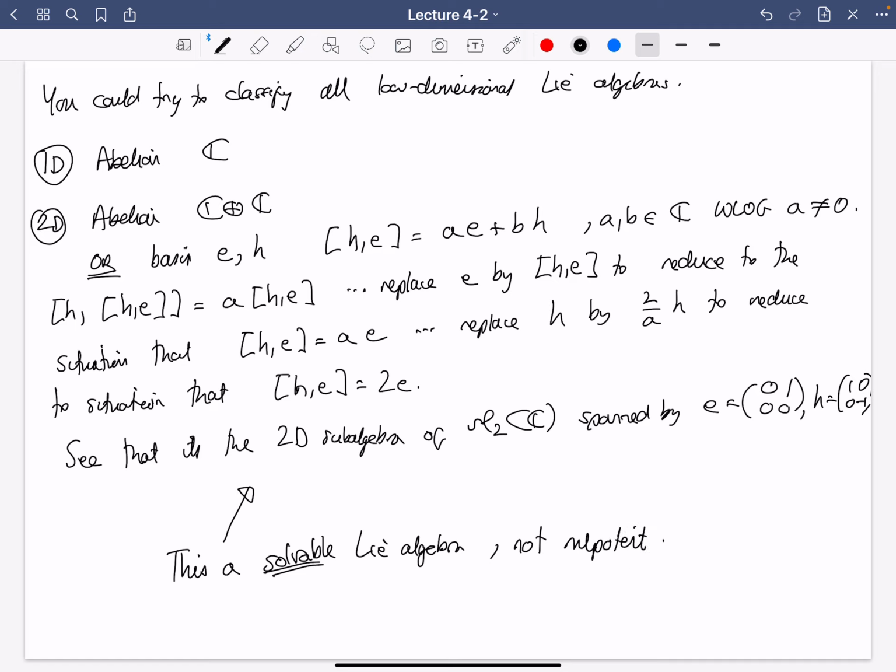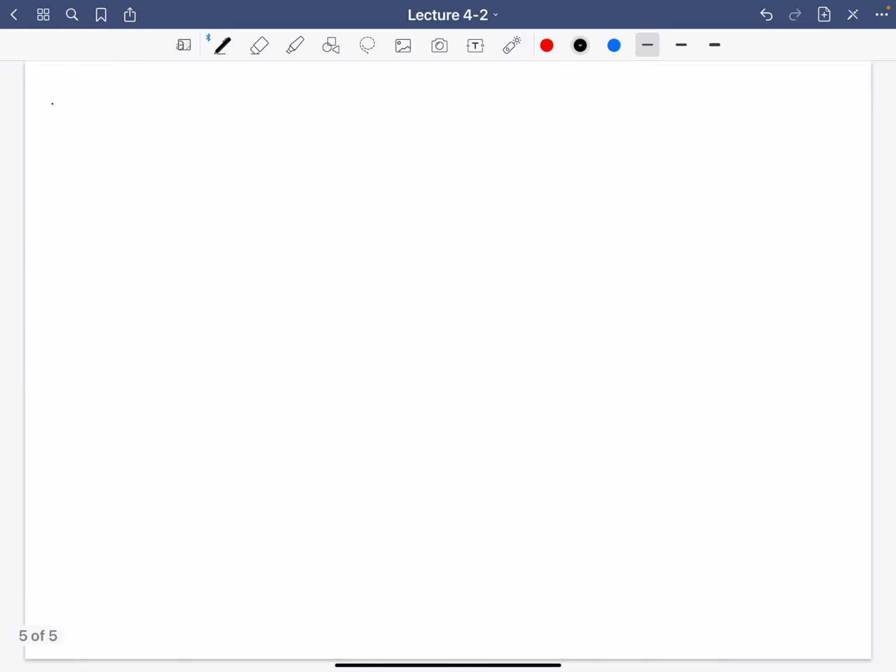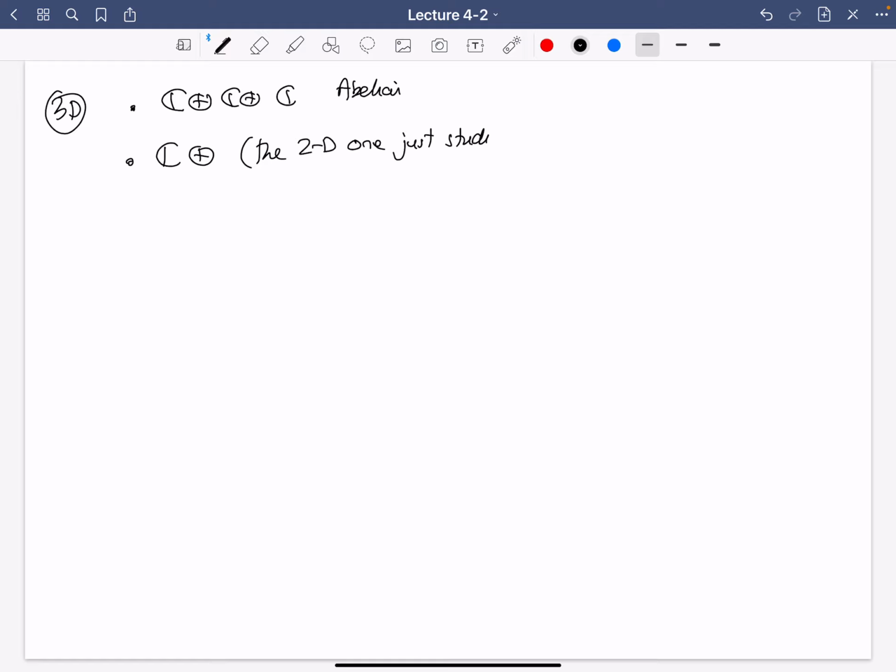Okay, so that's two-dimensional, and then I guess you should then start thinking about three-dimensional. That would be very reasonable to do. So what can we do? Well, we can take the abelian one, or we can take a direct sum of C and the two-dimensional one just studied.